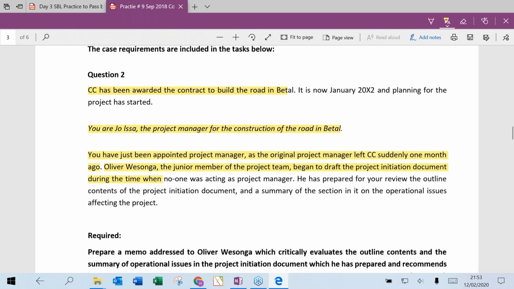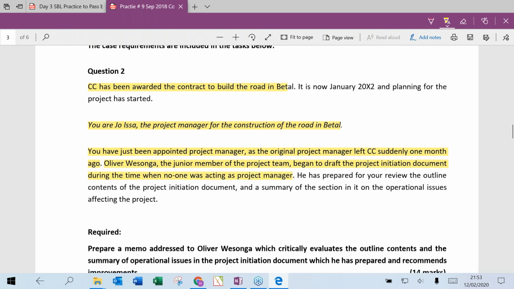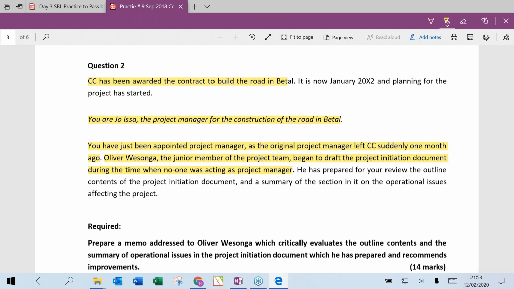You understand that? So there's a junior guy on my project team who has drafted the project initiation document. He has prepared for your review the outline contents of the project initiation document and a summary of the section in it on the operational issues affecting the project. So he has prepared for our review. Required.